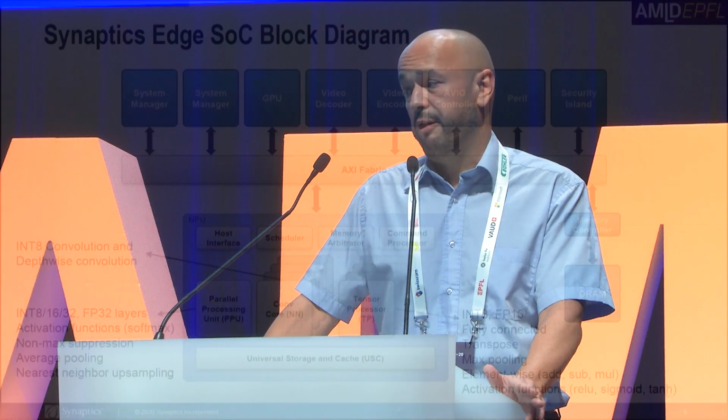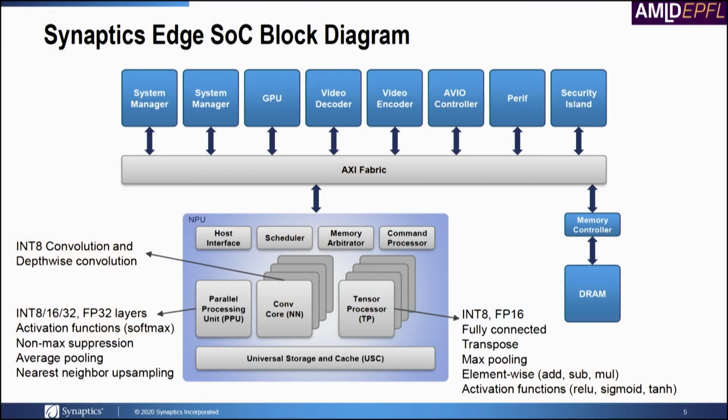The NPU is designed around three major components. The parallel processing unit, which is able to run programmable code like OpenCL code. We also have the tensor processing unit, which we use for specific layers that are very important, like fully connected, max pooling, or activation functions.